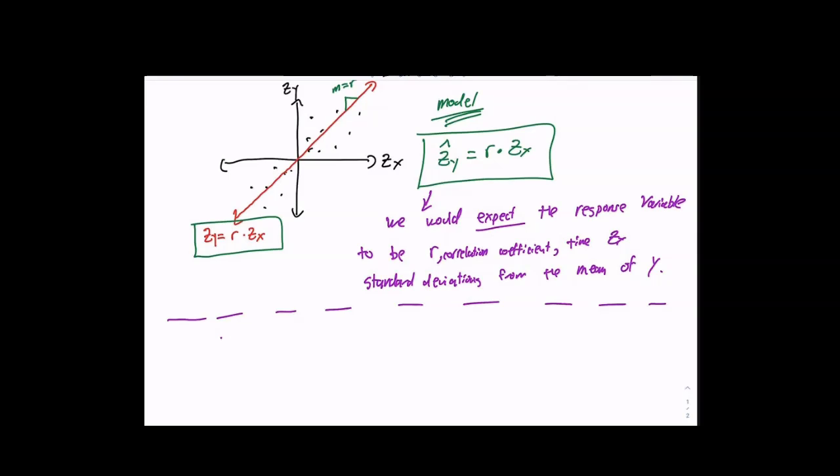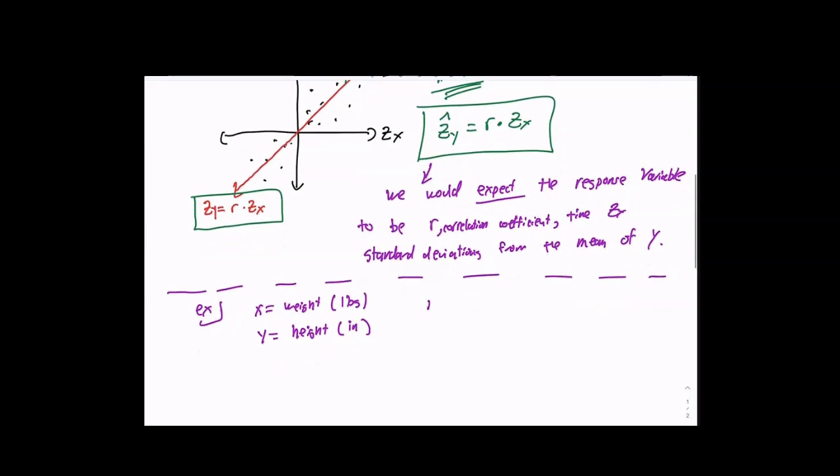Let's talk about an example. Let's talk about two variables where x is equal to weight, and we'll say weight is in pounds, and y is equal to height, which we'll call in inches.